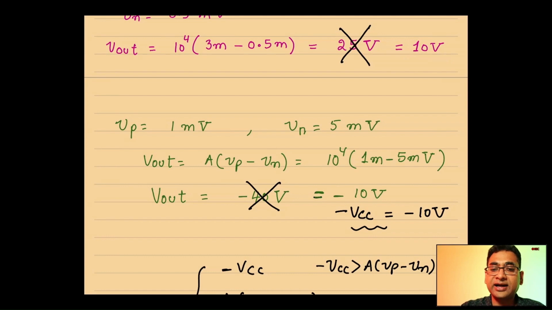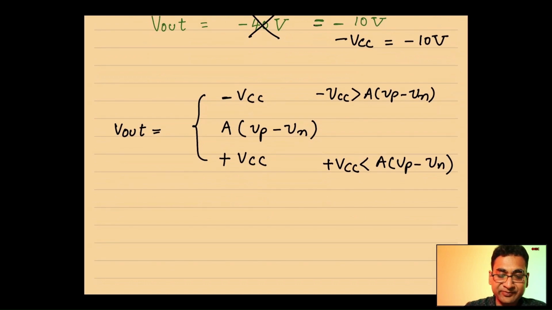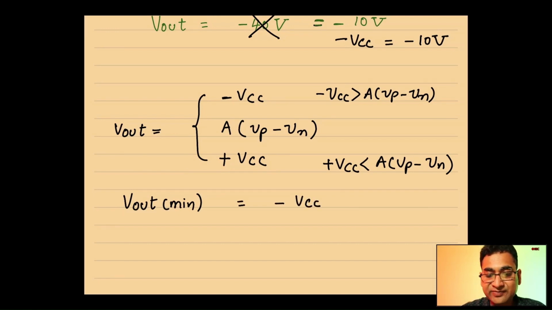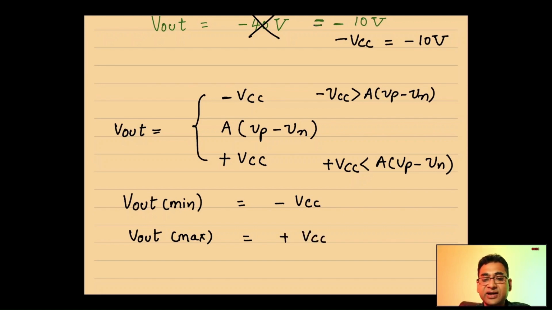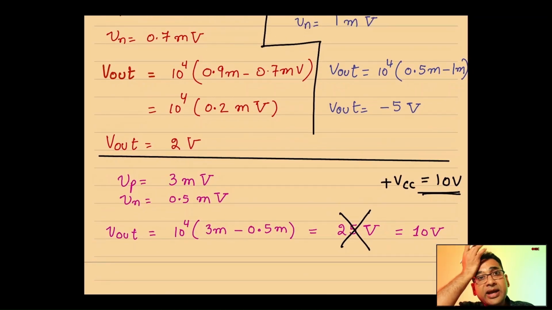All that this equation is saying is that the V output minimum of an op-amp is negative VCC and the V output maximum of this op-amp is positive VCC. That's all there is to it. So when you see your op-amp output going above VCC or below negative VCC, then you know that the output is going to saturate.